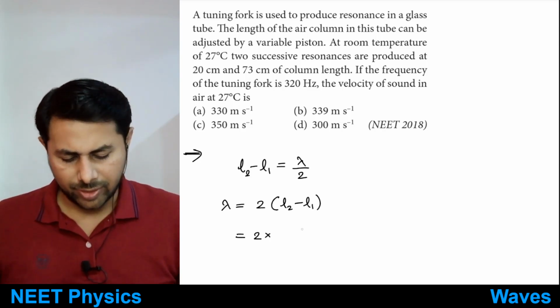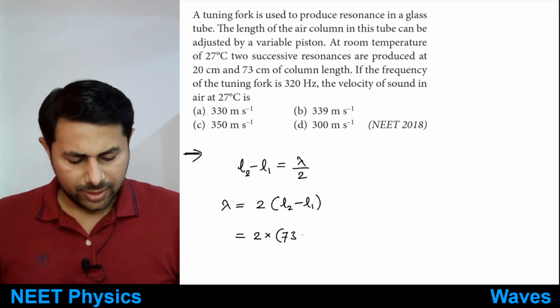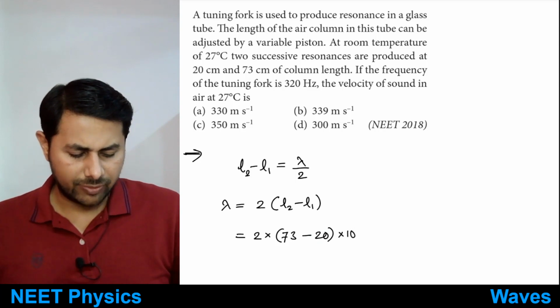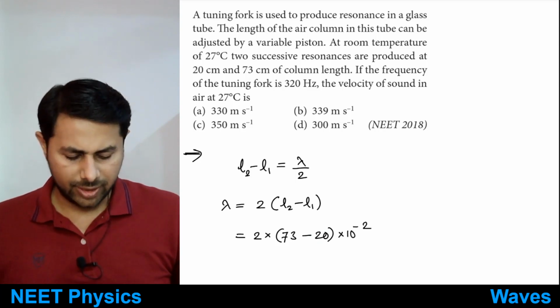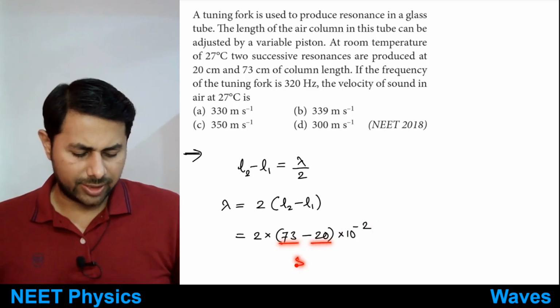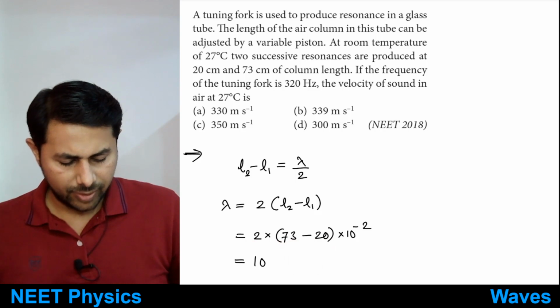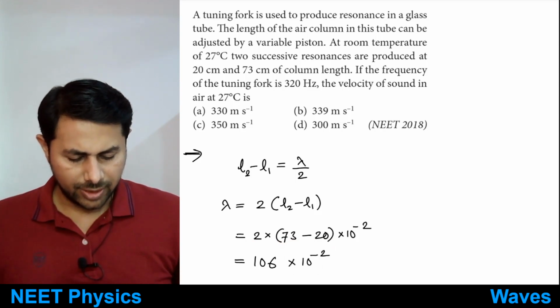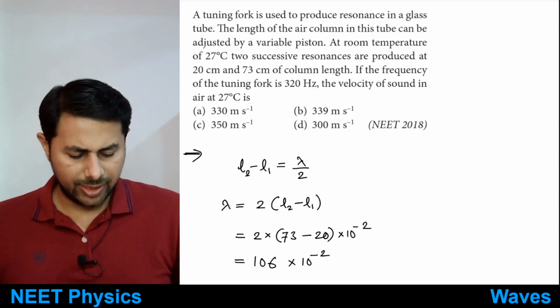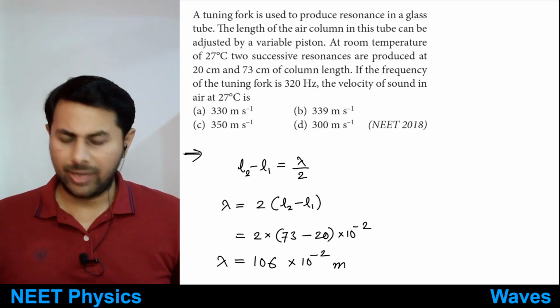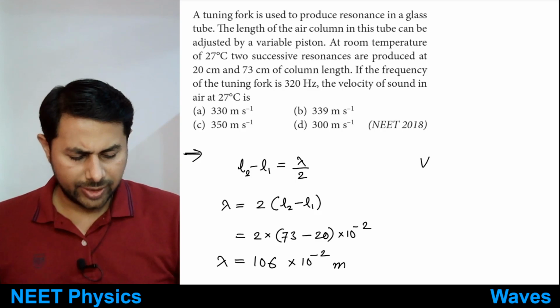So it is 2 times of L2 is what? 73, L1 is 20, and it's in centimeters, so convert it in meters, multiplying with 10 raised to minus 2. So this is 73 minus 20 is 53, 53 times 2 is what? 106. 106 multiplied by 10 raised to minus 2, and this will be in meters.